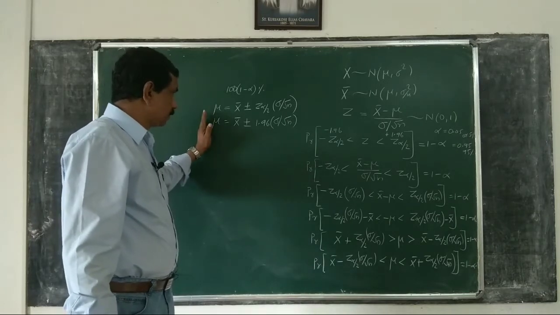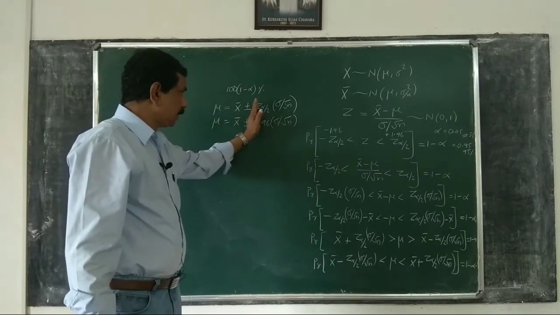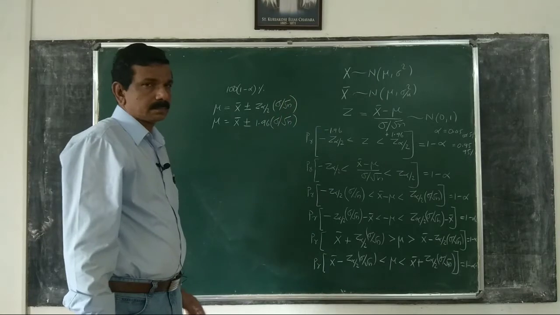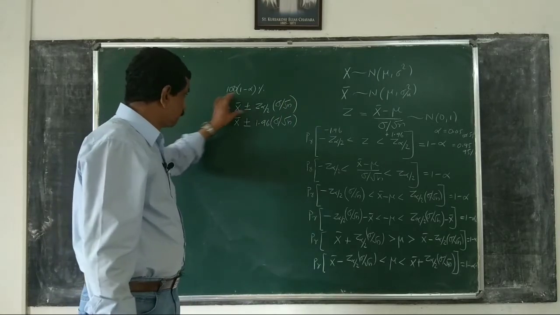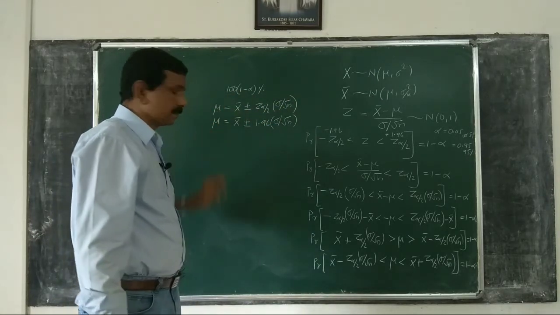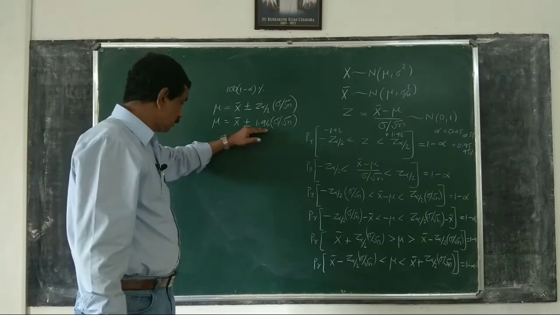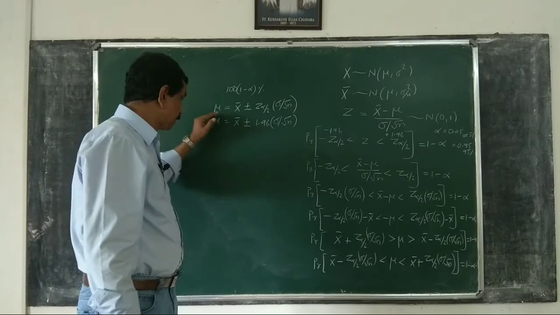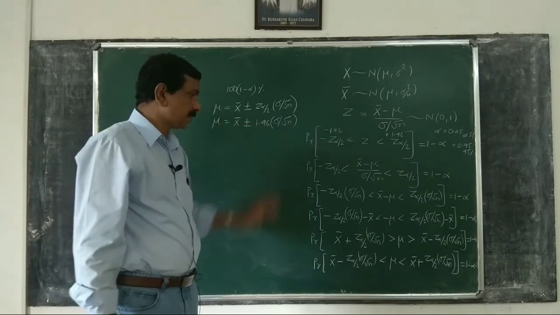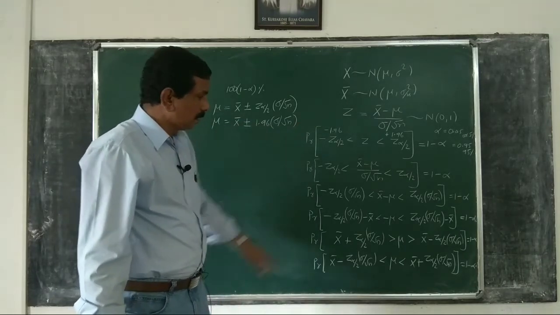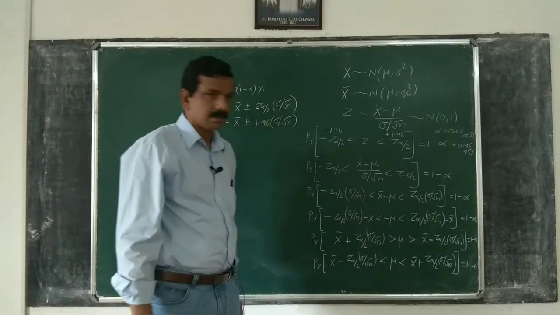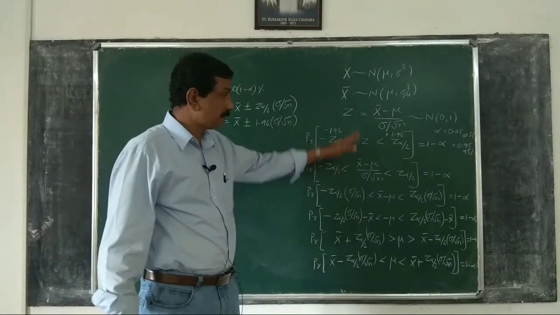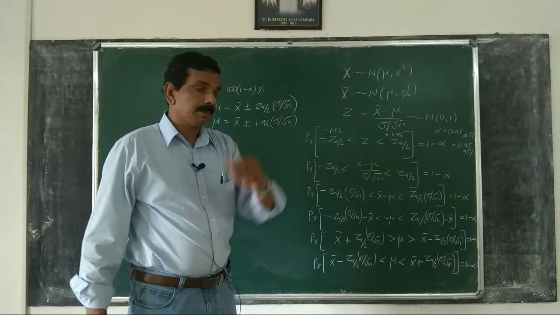Now this is the 100 into 1 minus alpha percent confidence interval for the parameter mu, or this is the 95% confidence interval for the parameter mu if alpha is fixed at 5%. And this is how we derive the confidence interval for any parameter.